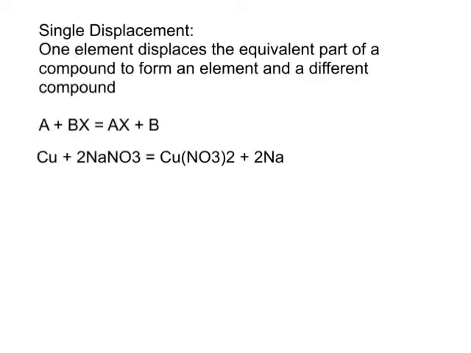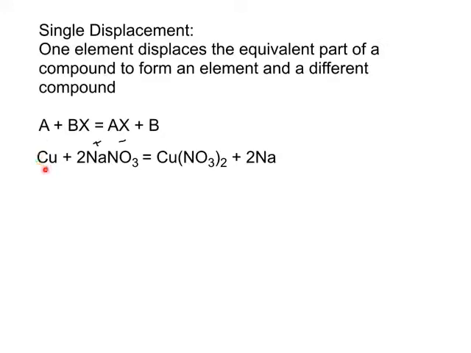So I can spot this as a single displacement reaction because I have a single element, compound, makes single element, and a different compound. And the key, as I mentioned in the previous slide, is that we're switching the equivalent parts. So I have to think about the charges of sodium and nitrate. They're +1 and -1. And now I have to think about what I know about copper.